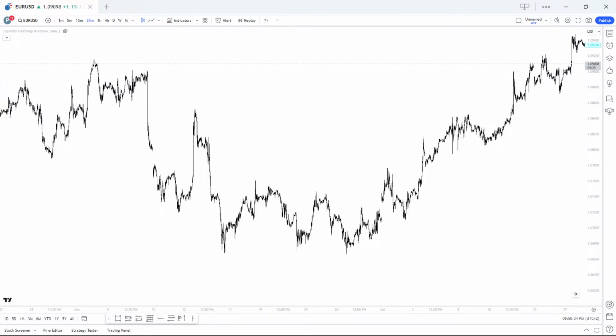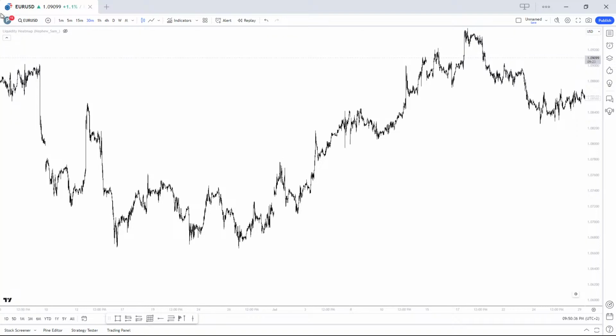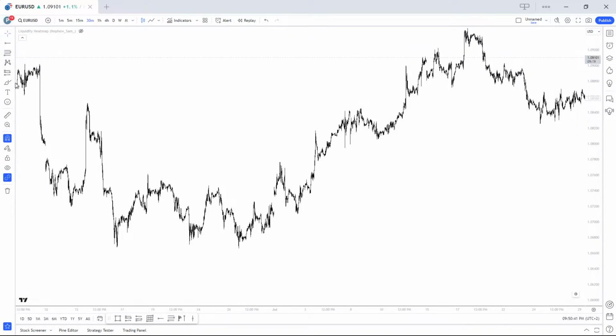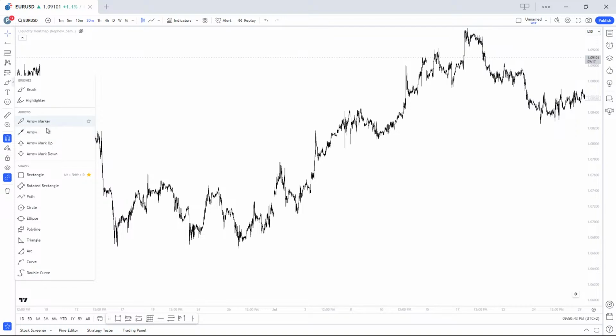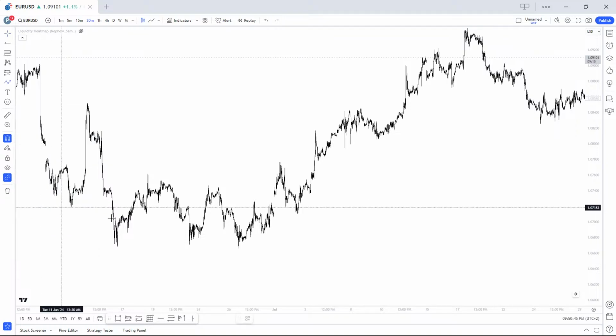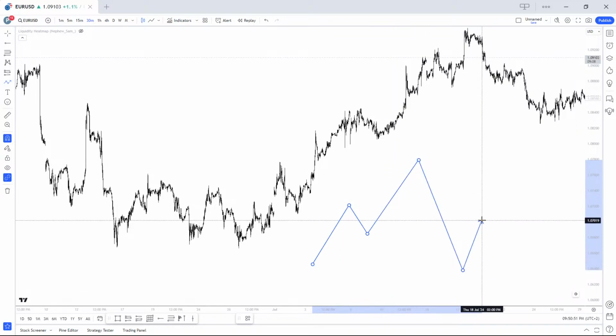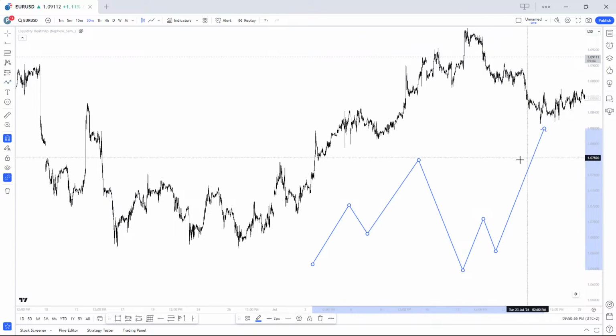Okay, so we know what type of pattern we are looking for. We need a pattern like this.